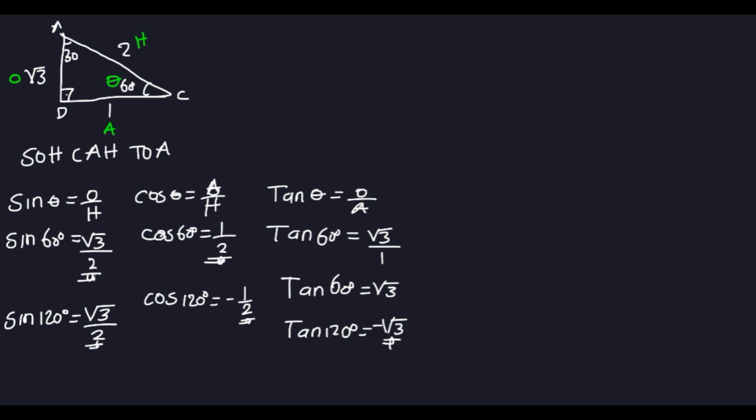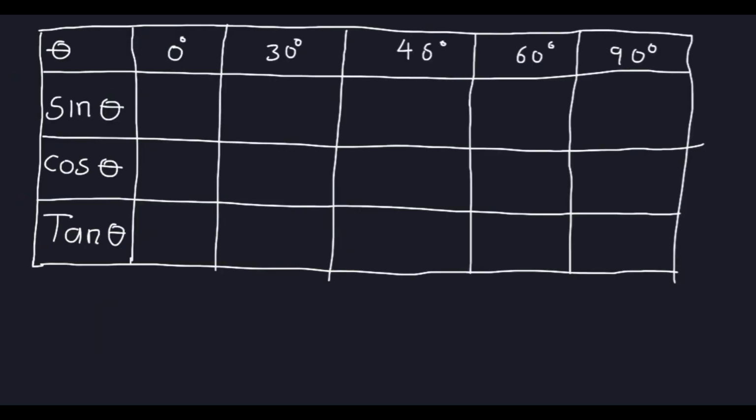So what we are going to do now, we need to summarize these special angles by writing them into a table. Okay, so we can now summarize the special angles with this table. Begin with the first one. Sine 0 is just 0.